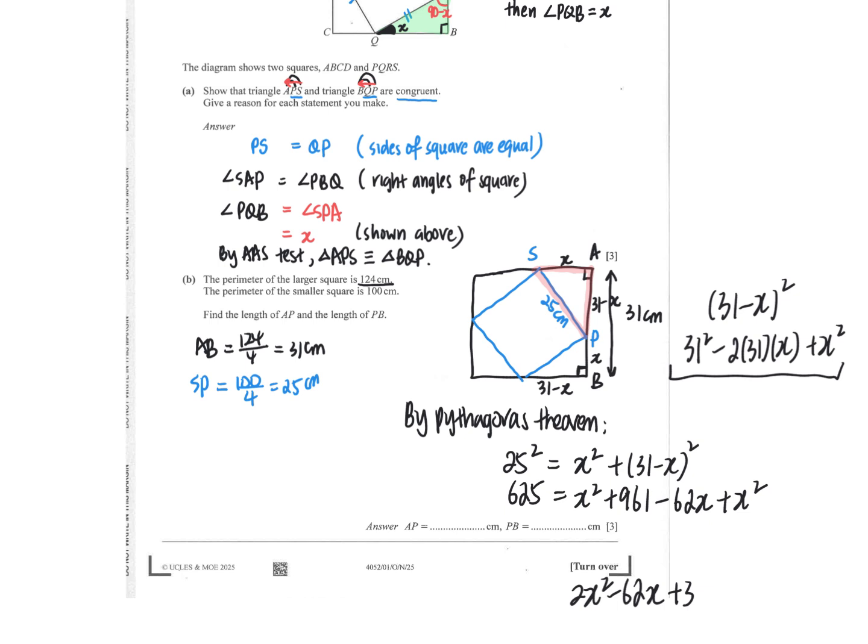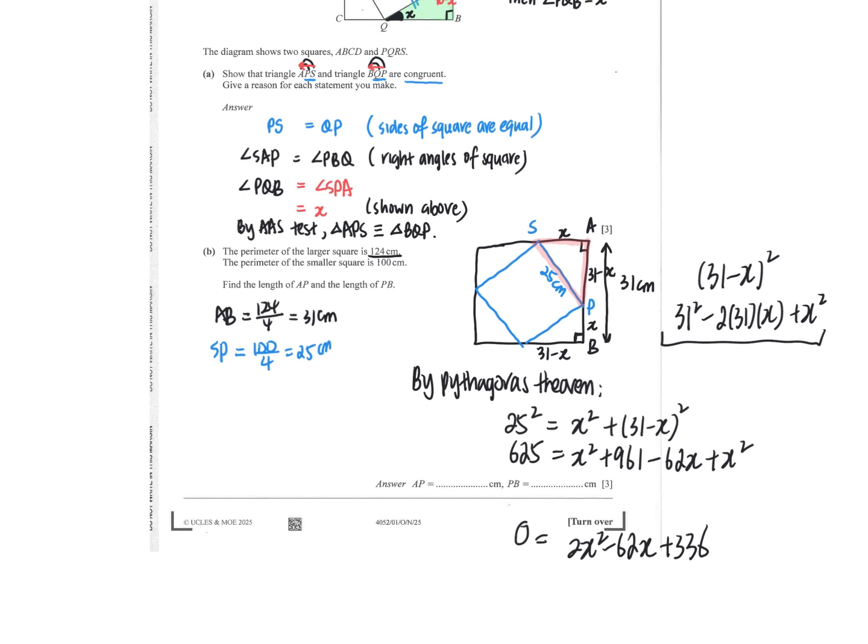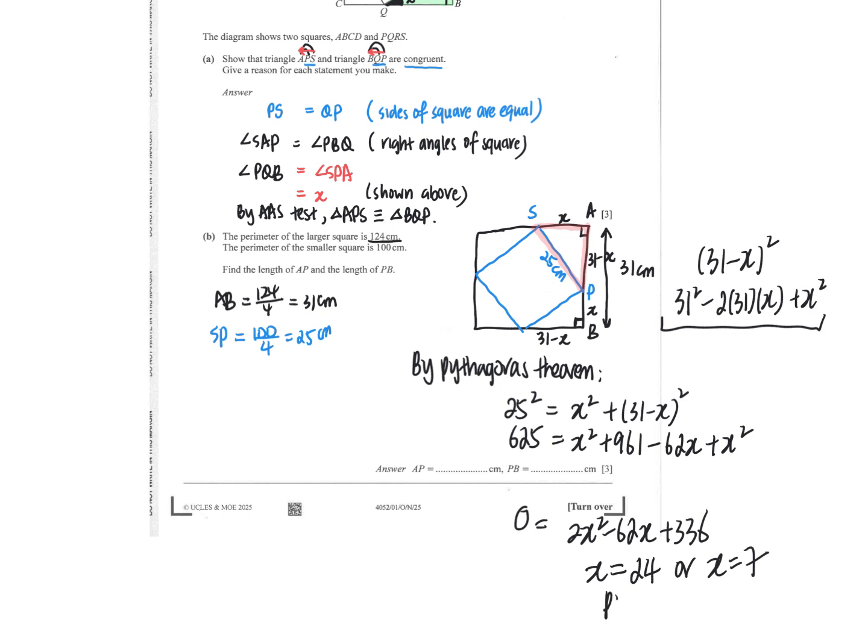So 961 minus 625, 336. So if you eventually solve it, you will get x becoming 24 or x being 7. So x is the smaller length. So it should be PB is 7 and then AP is 24.